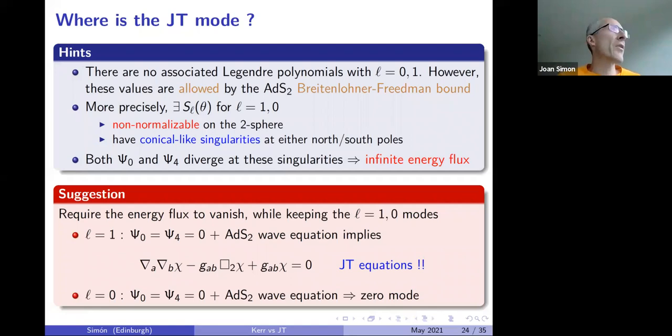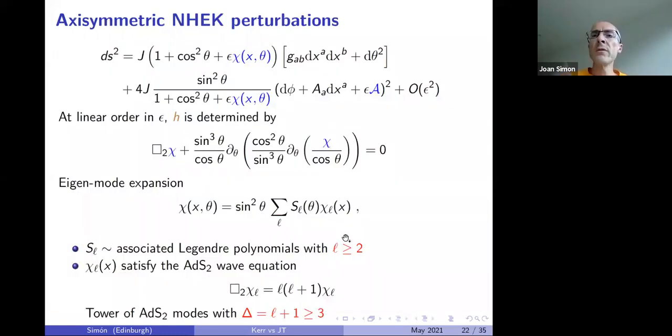one of the things you may ask is, what are the bounds on the mass of scalar fields in AdS2 coming from the so-called Breitenlohner-Freedman bound? And what you discover is that that bound applied to AdS2 allows you for L equals 0 and L equals 1. But let me remind you that these modes are not among the normalizable ones.